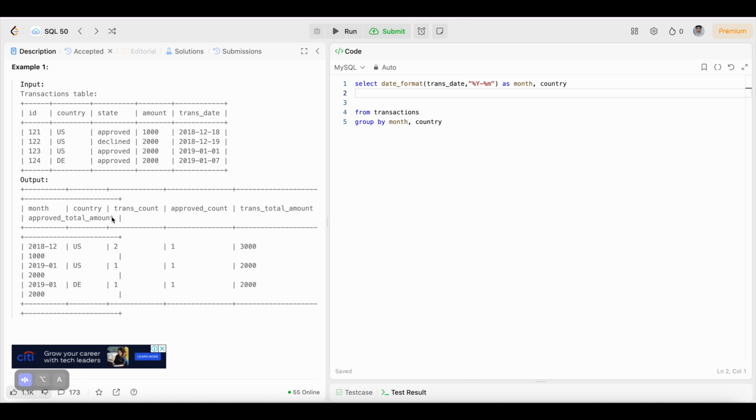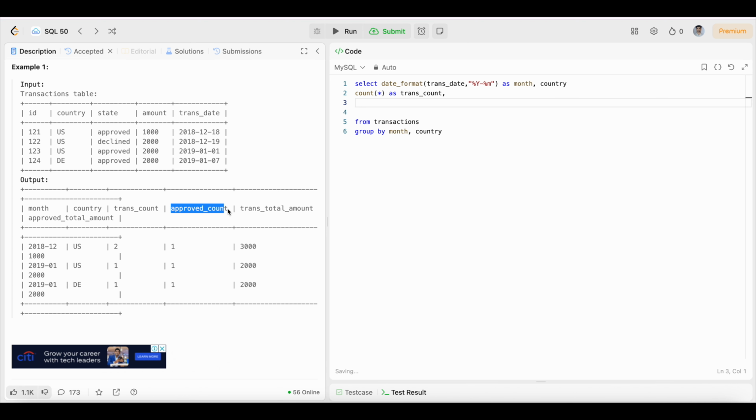Further, we need to fetch the total transaction count. After grouping, you can have count star as trans count. Further, we have to find the approved count.